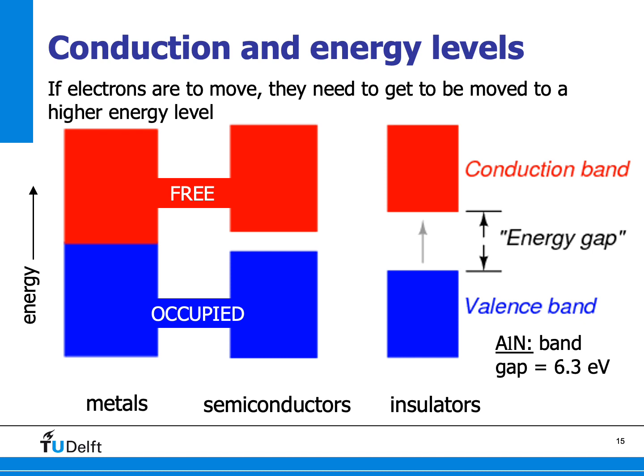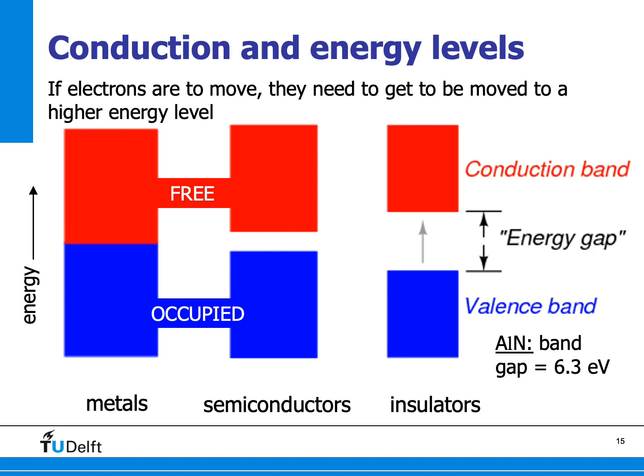We can now distinguish between the electronic structure of the metals, the semiconductors, and the insulators. In the case of metals, we have the valence band and the conduction band overlapping, so electrons that are in the occupied band can, with a little bit of energy, be promoted to the conduction band, and there is free conduction and movement of the electrons.